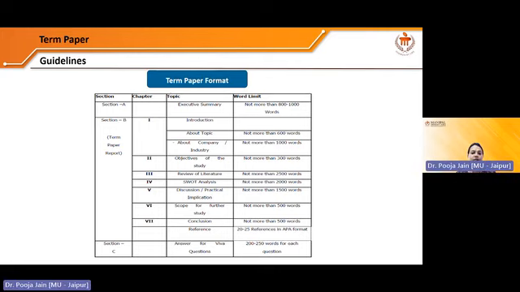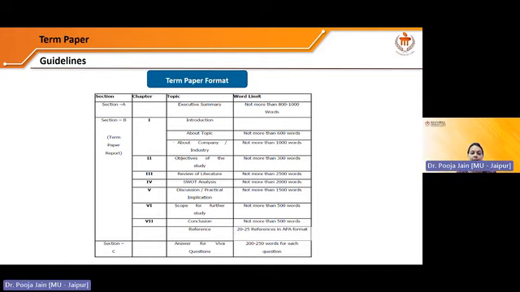Because for one topic, you cannot do all the things. You cannot analyze everything in one study. So that is the reason scope for further study needs to be written. What things need to be studied in the future. So you will have to give suggestions or topics for another researcher, right? For further study. So the word limit of the scope for further study is not more than 500 words.